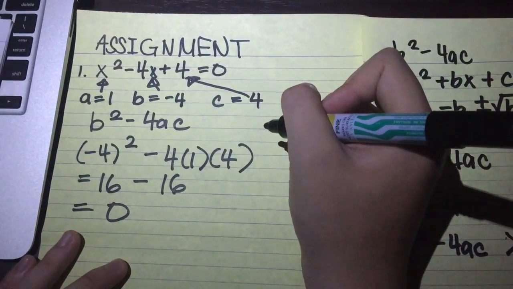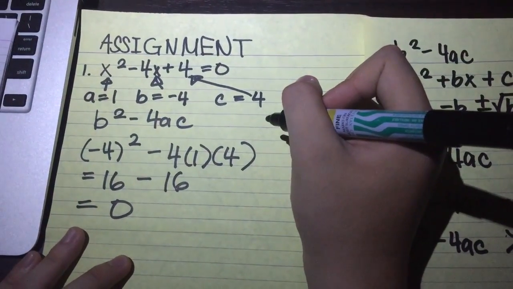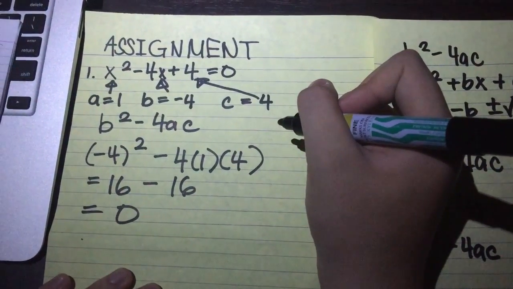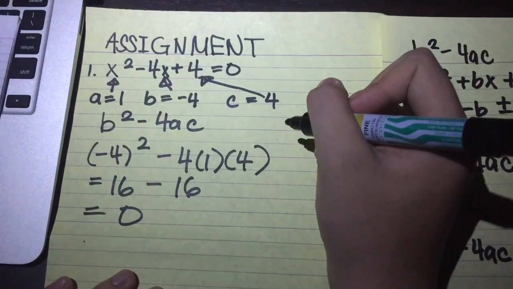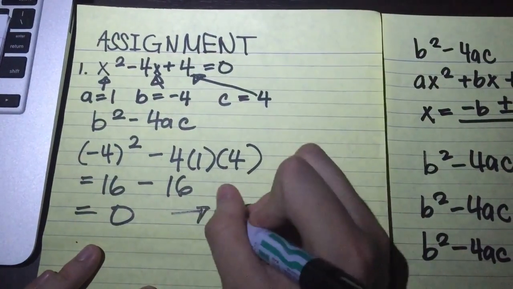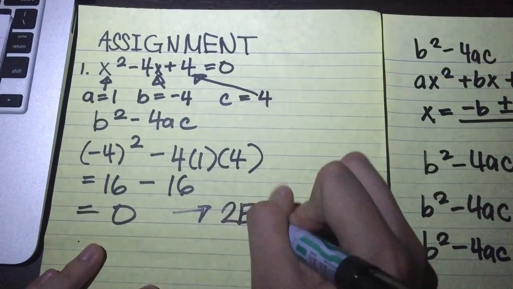Negative 4 squared is 16, and 4 times 1 times 4 is 16. So 16 minus 16 is 0. Therefore, it's 2ERR.